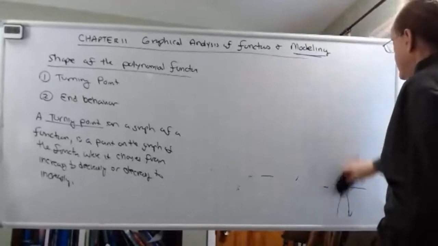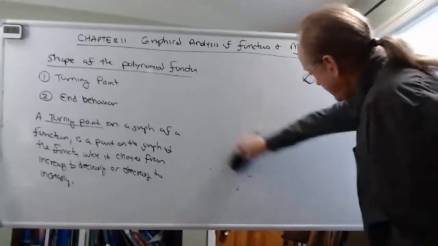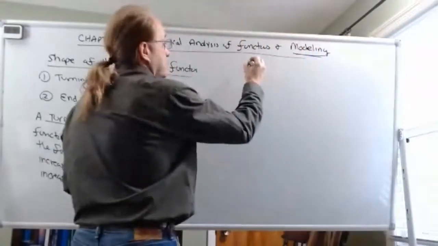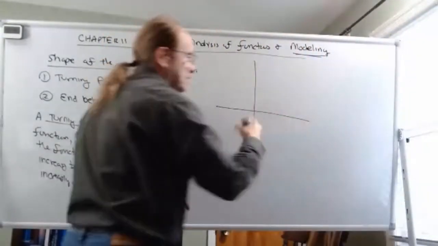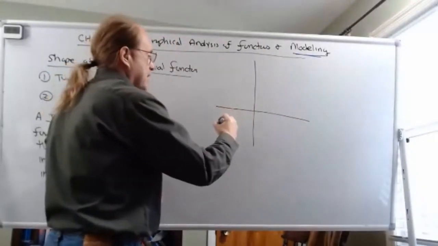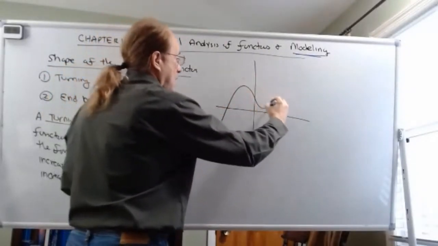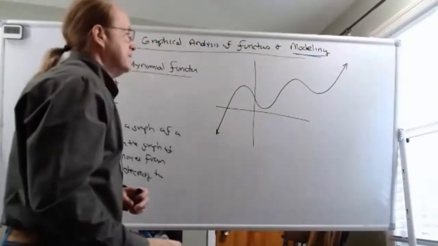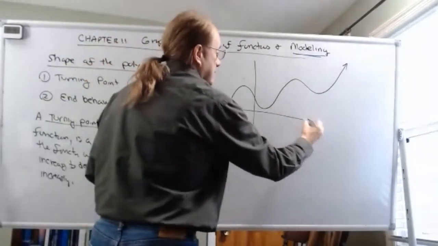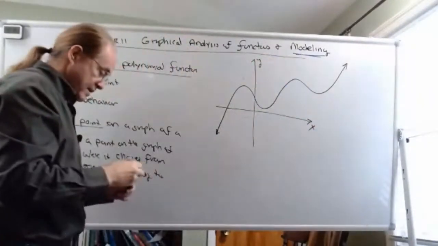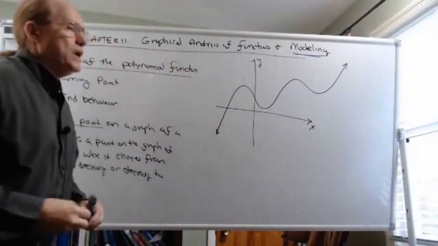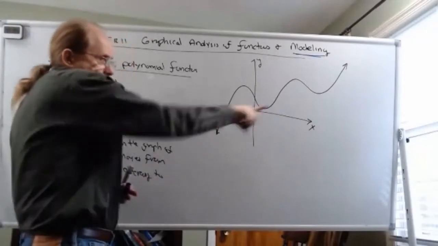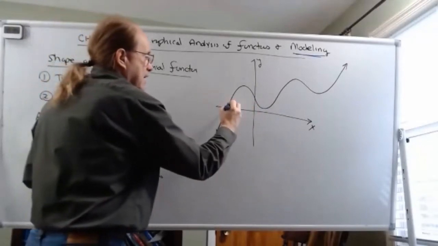Let's get some pictures over here. So here's a function, and I'm going to do an elaborate looking function. This is actually a polynomial function. There's my function. Here's my x, and here's my y. When it's increasing, I'm going to label that blue and put a positive. So over here, as I go in this direction, I always go from left to right, I'm increasing.